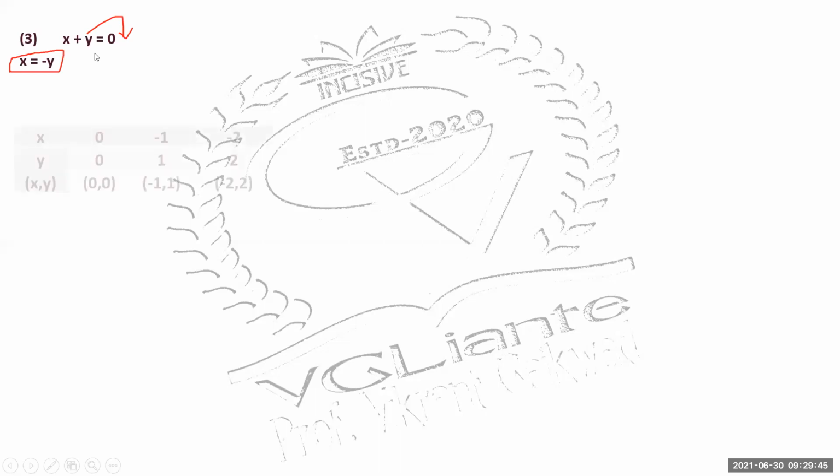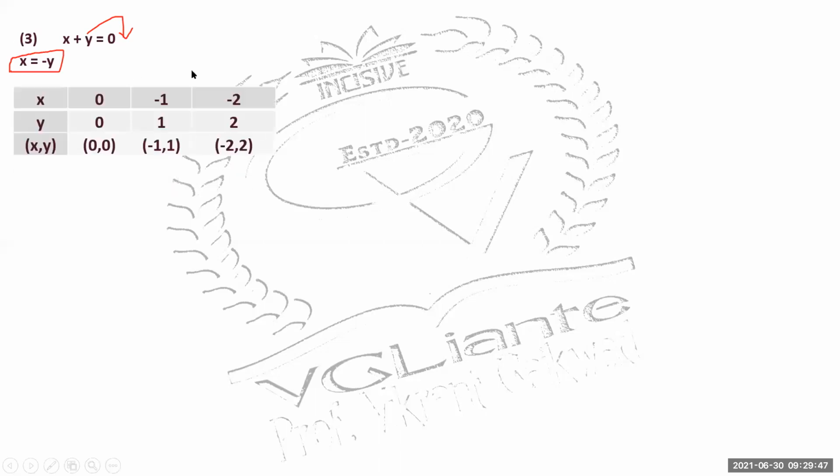Now next is preparing the table: x, y, x comma y. And now we start substituting. In place of y, we are going to substitute the values. If y is positive, x is going to be negative.